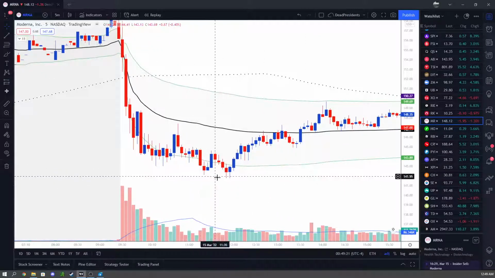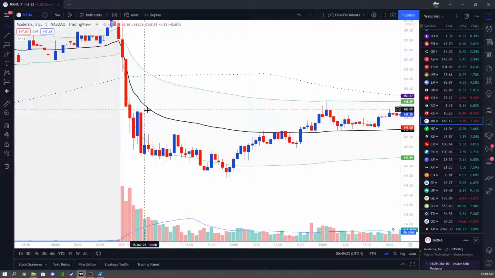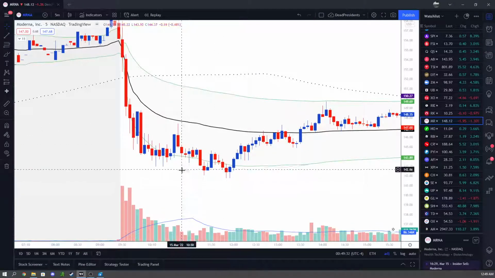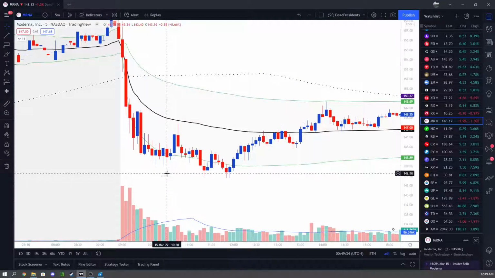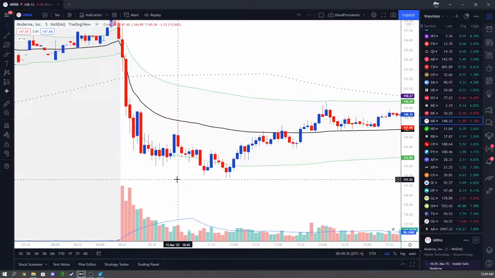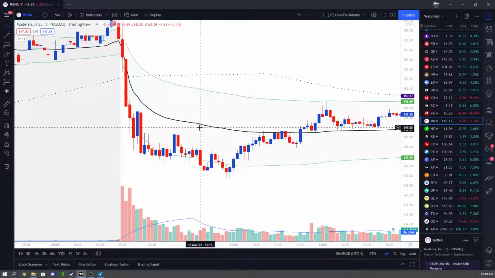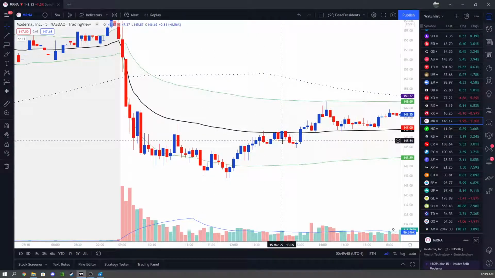It started just free floating down here. A lot of people know the VWAP is also going to be a magnet most of the time, because when the price is getting this far away from the VWAP, people are going to be thinking they're getting a huge steal buying it here, because the VWAP, you gotta remember, is the average price.